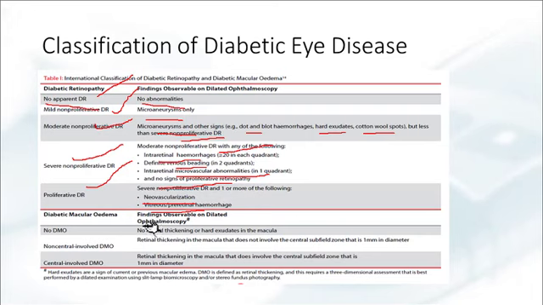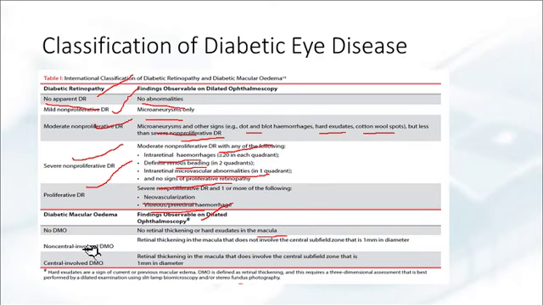Now, how about diabetic macular edema? And these are the findings that would be on dilated ophthalmoscopy. All right. So, when there's no diabetic macular edema, then you will have no retinal thickening or hard exudates in the macula itself.